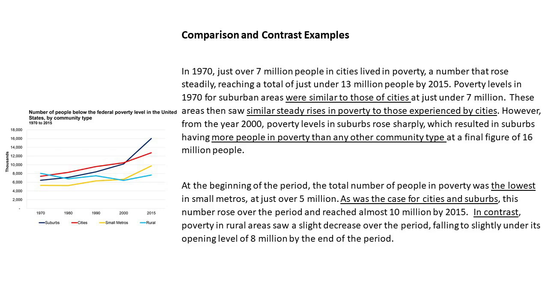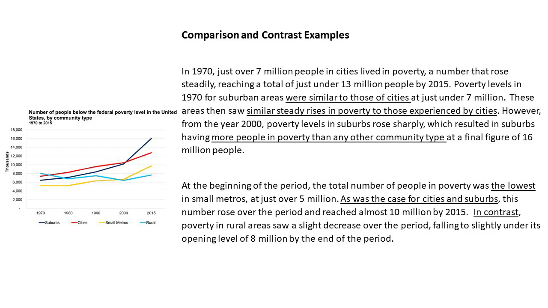However, from the year 2000, poverty levels in suburbs rose sharply, which resulted in suburbs having more people in poverty than any other community type. See this bit? All of that, I could leave that out and I could still present the data, but all of that is just to show contrast and comparison to help me get a better score.